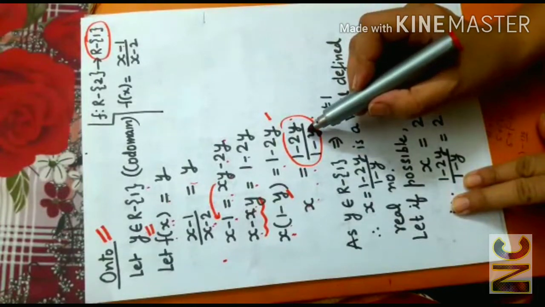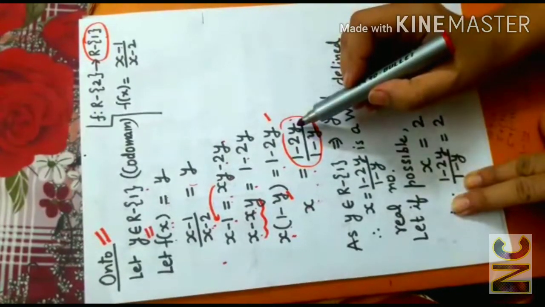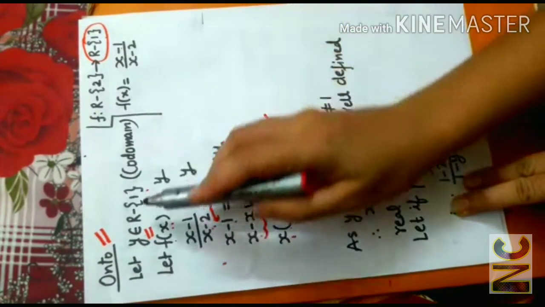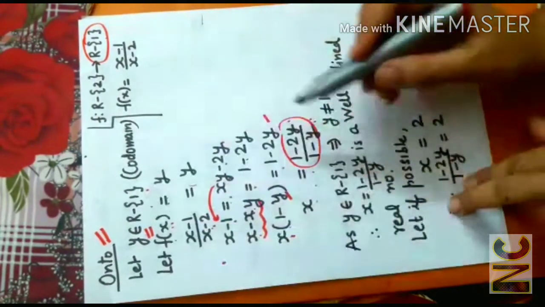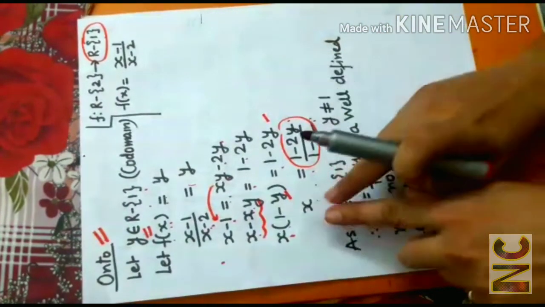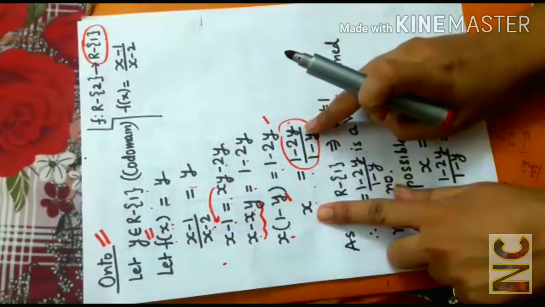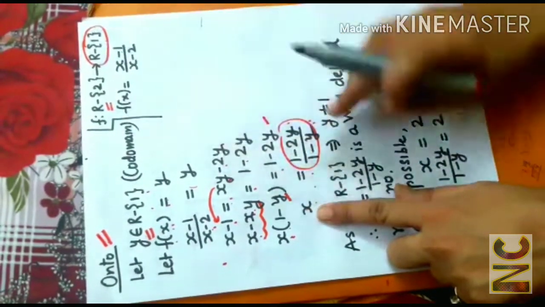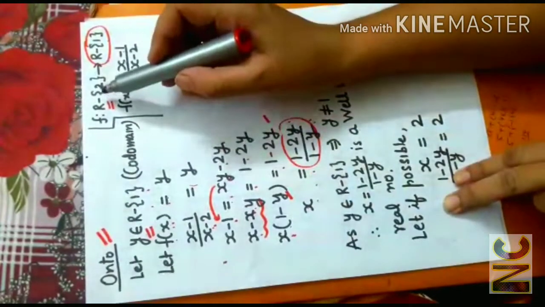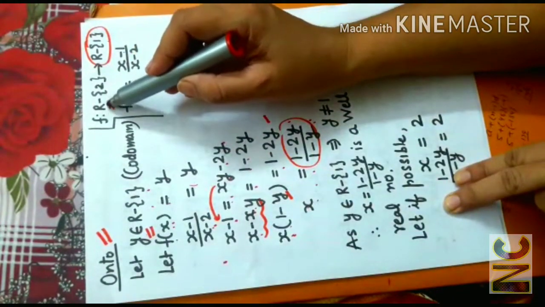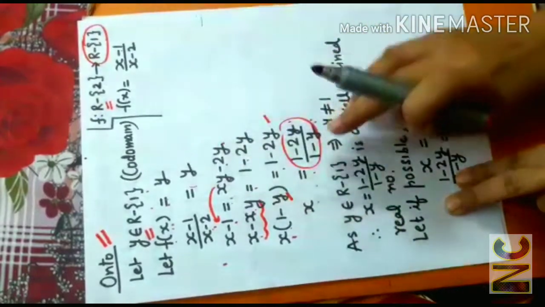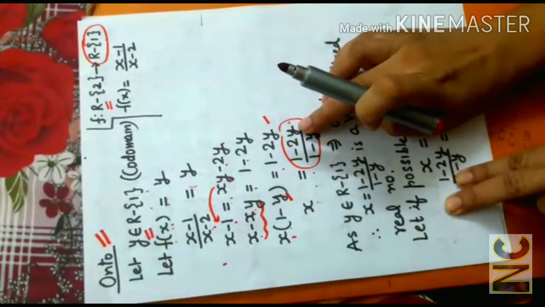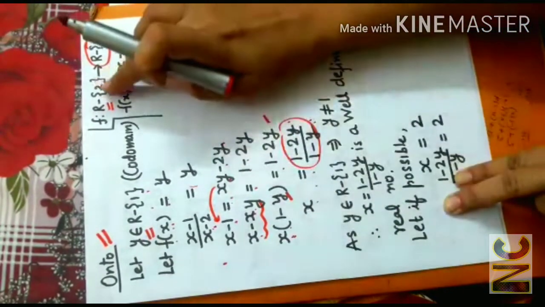Now I have to justify that whatever y I take in the codomain, its pre-image, that is this x, belongs to the domain, that is this set. Now the domain consists of all real numbers except for 2. So I have to show that this pre-image, that is x, belongs to this set.